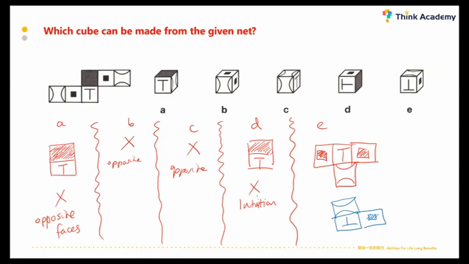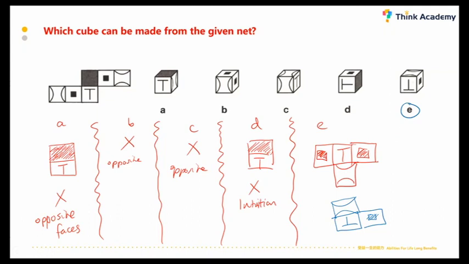So again, I was very silly and I forgot to count that there were two black squares. So you guys have got to be better than me. You've got to remember that you have to do all the different types of shapes just to be sure. Okay, so that means this one's E.